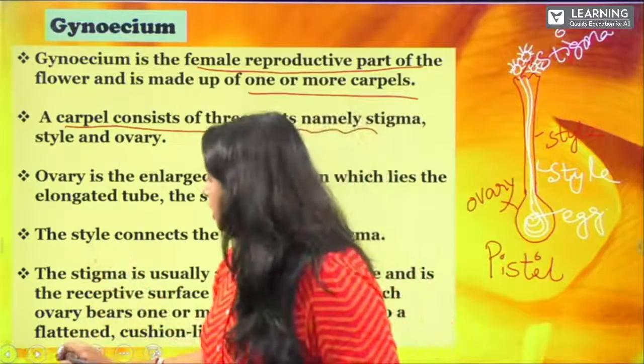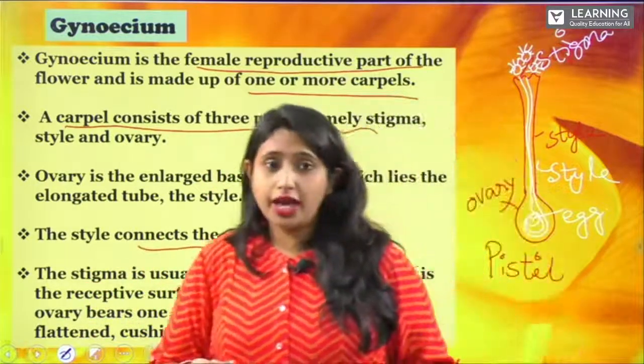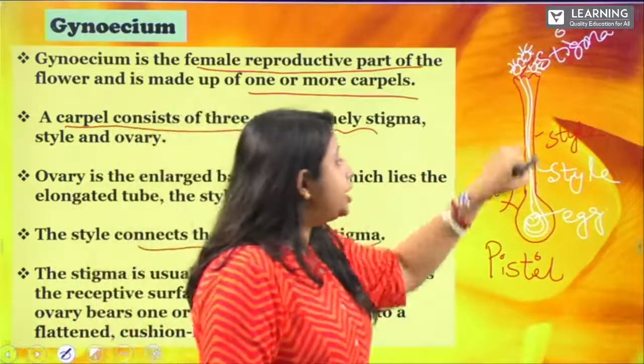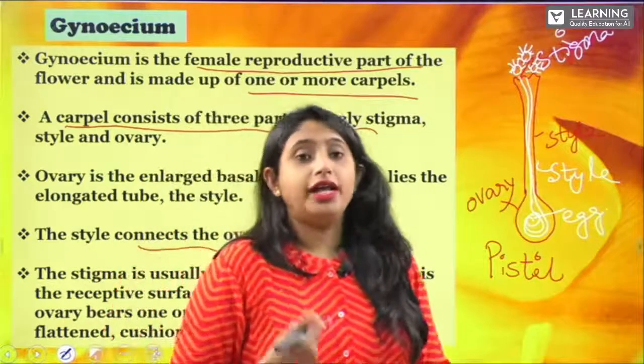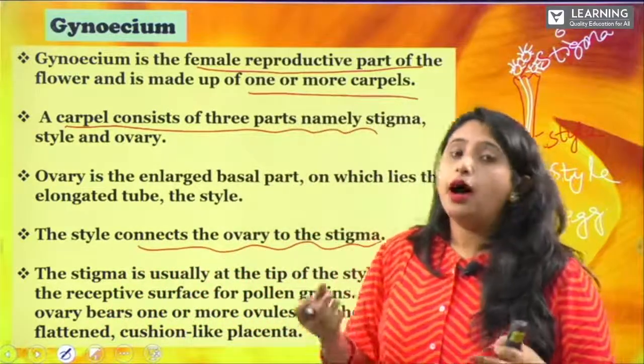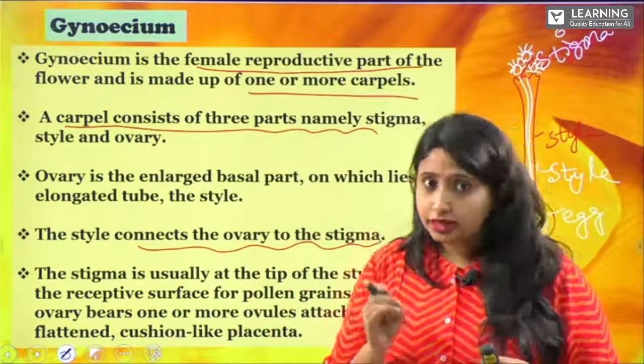The style connects the ovary to the stigma, as I have shown, and it helps in the transfer of the male gamete, that is the pollen grains.